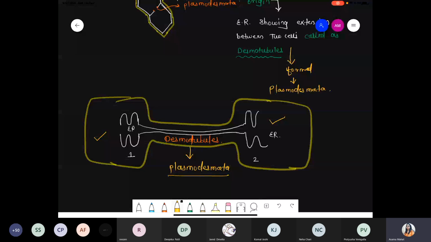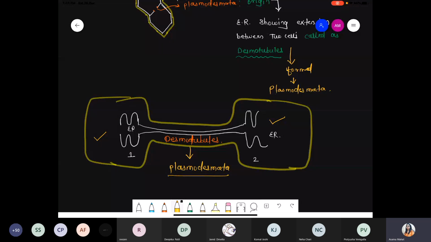Just imagine: the desmotubule is a plasma membrane extension originating from the endoplasmic reticulum, and it is covered by the plasmodesmata. So the first function is that the desmotubule gets formed. Another is the cytoplasmic connection, meaning one cell's cytoplasm is directly connected with the other cell.